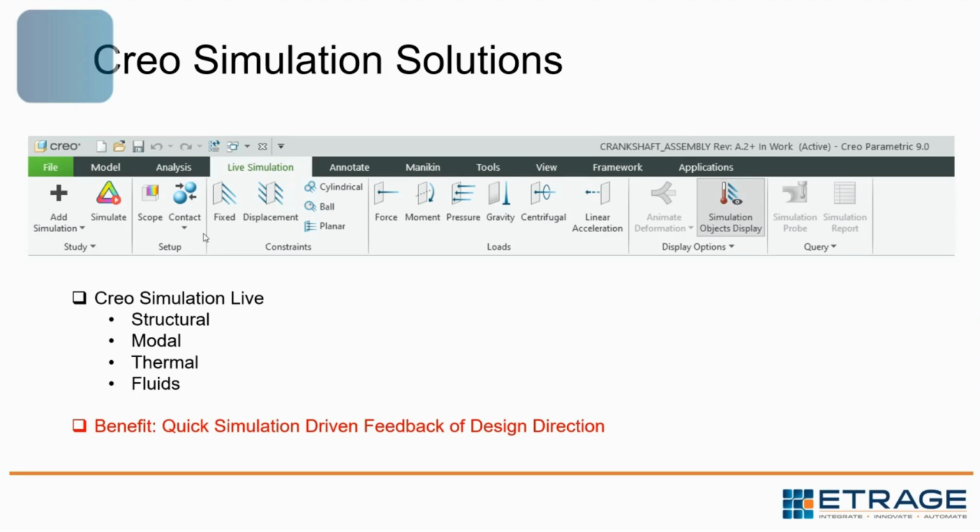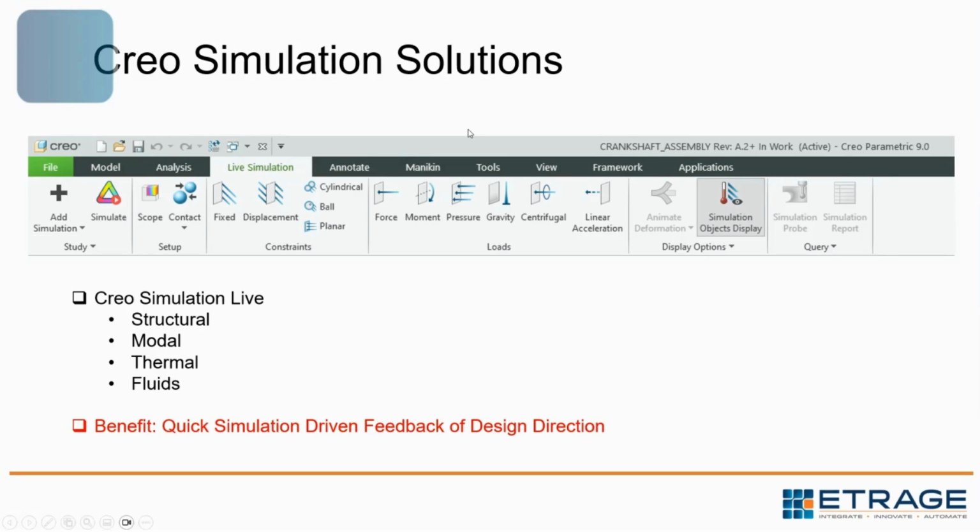And so you can then kind of get a differential of, okay, am I improving my simulation results or making them worse, by making that geometry change, right? So very quick simulation-driven feedback, right, of how you can improve your design, right? That's the goal or the intent of Creo Simulation Live, right?